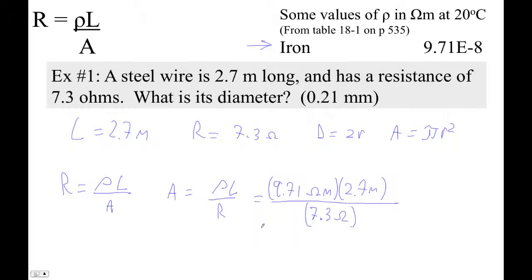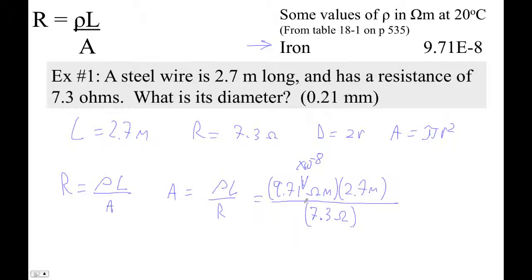Oh, 9.71 times 10 to the minus 8th. Let's put that in there. Can't miss the 10 to the minus 8th. 9.71 e minus 8 times 2.7 divided by 7.3.